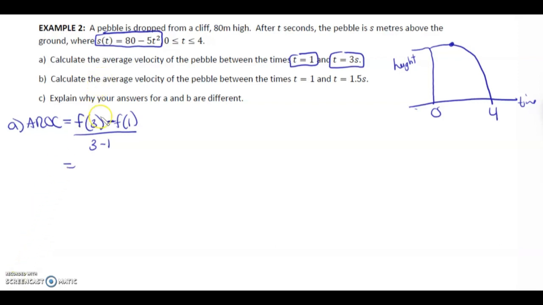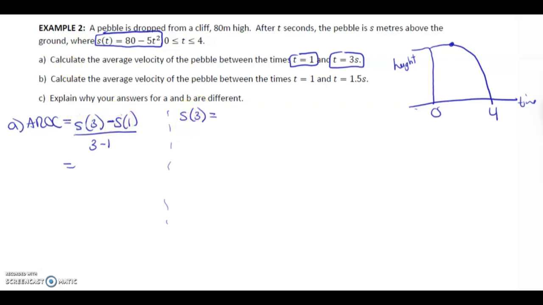So what we can do is we can go ahead and sub in. We can do the work on the side of the board if we want. So let's go s at 3. Actually, let's change these to s's. We're going to change this and this to s's for proper form. Okay, s at 3 minus s at 1.